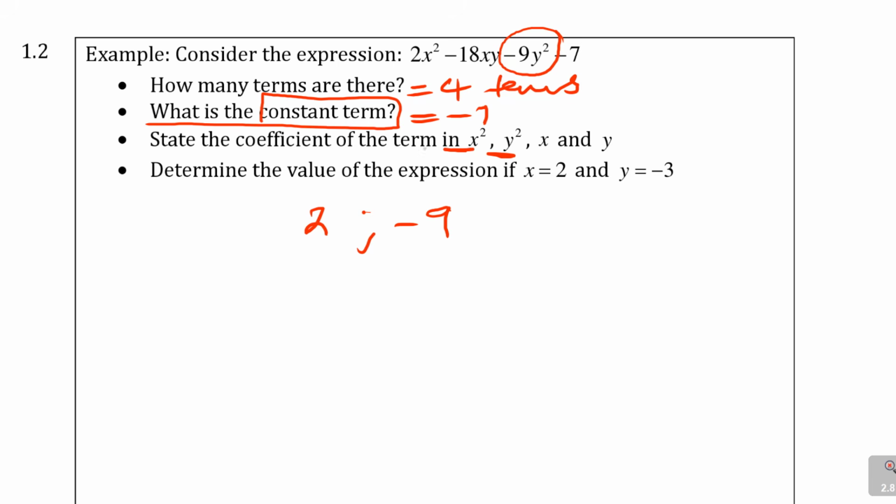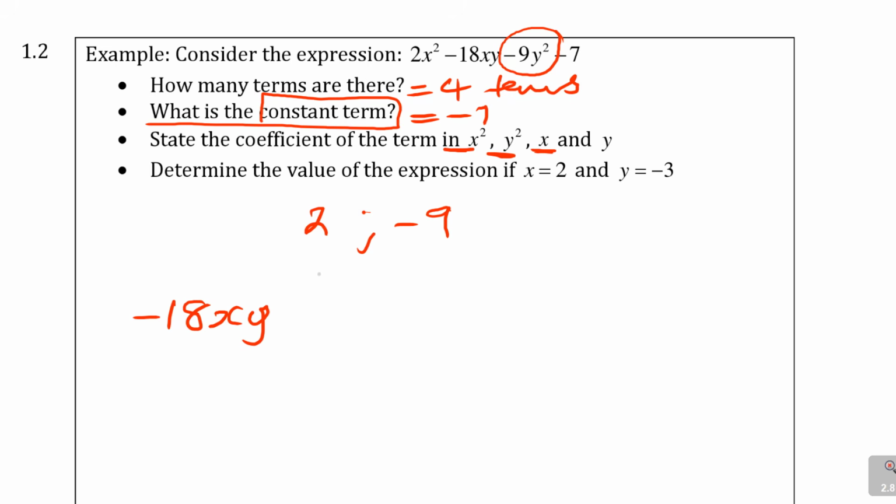And then here they're saying, state the coefficient of the term in x. Now pay attention. I want to show you something with x. X is written with what? It contains negative 18xy. Now we want the coefficient of this, and the variable is the letter. Now we are confused here because there is the letter x and the letter y.